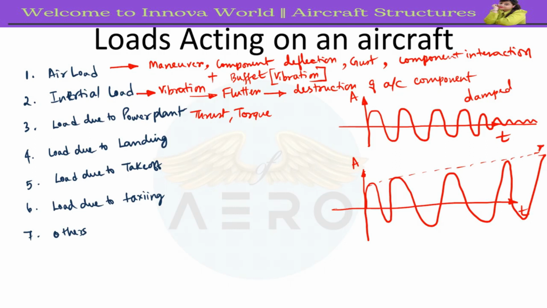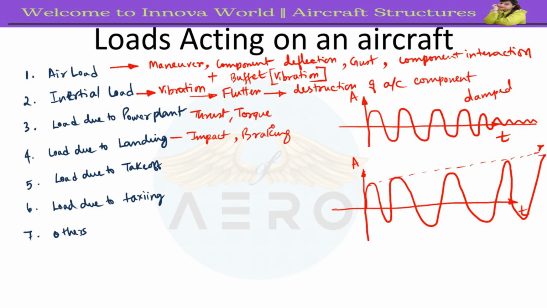Landing is very simple again. While landing, there will be a high amount of impact load, or I can say braking load, when applying the brakes just after landing. All those loads act due to landing.